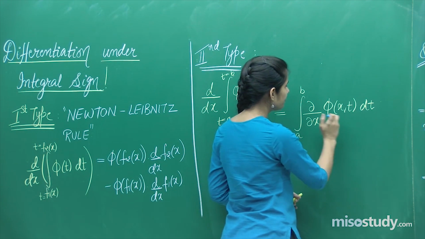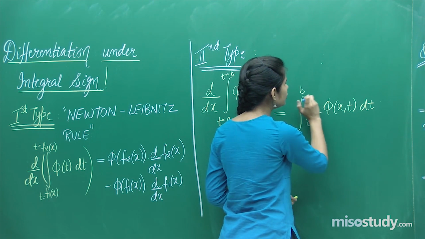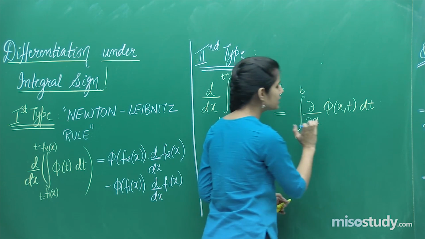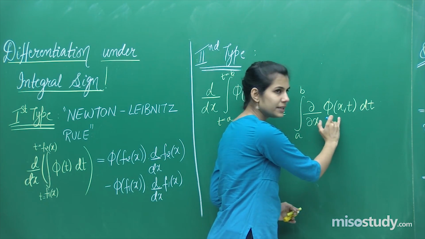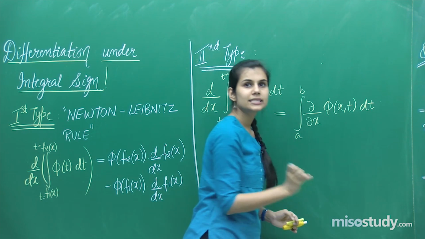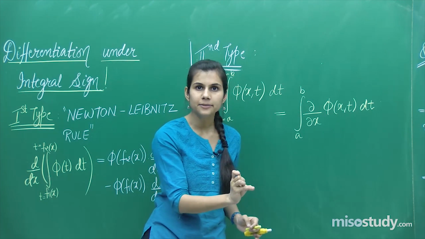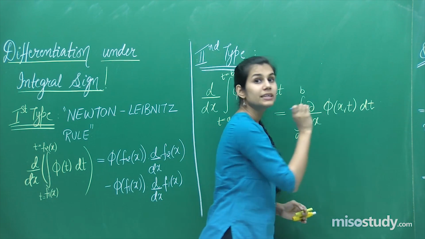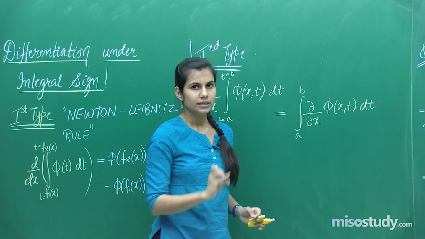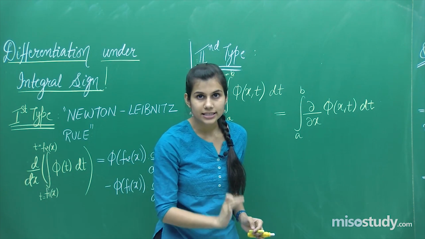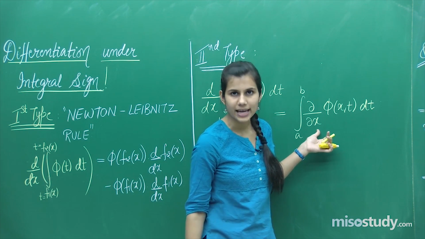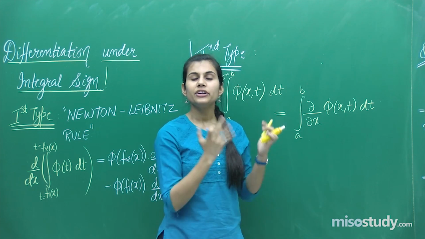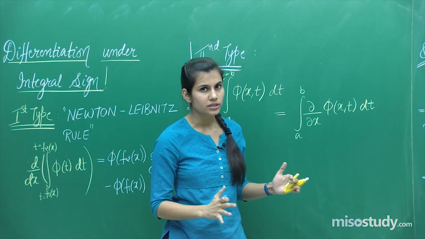What you do is partially differentiate this function with respect to x. That means partially differentiate: phi x comma t is a function of x and t. Treat t as constant. Only differentiation will be taking place with respect to x. Wherever t is there, treat it as constant. Keep treating it as constant.